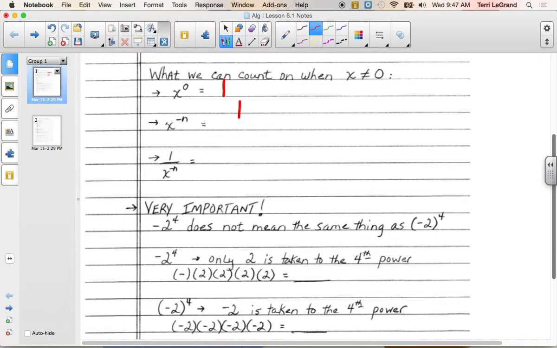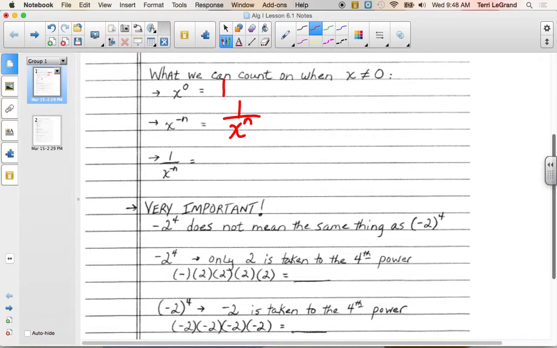Yeah, 1 over x to the n power. Not quite x n, because that would be x times n, but x to the n power. 1 over x to the n power, and notice that power is no longer what? Negative. That's how we get rid of the negative, because they say that expressions are not simplified if there are 0 or negative exponents in it.